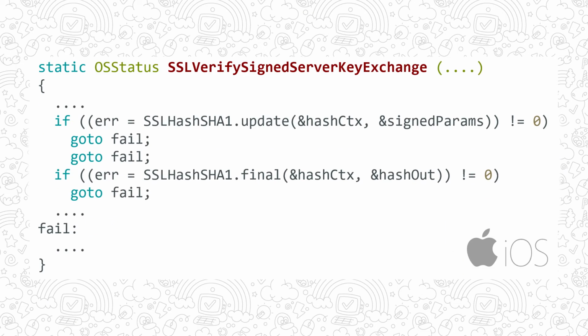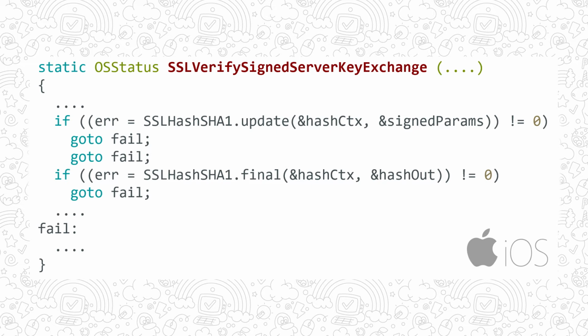Let's look at another example of a real vulnerability that was found in iOS in 2014. The vulnerability allows an attacker from a privileged position in the network to intercept and modify packets in SSL/TLS protected sessions. If you look at the code, you can immediately see what the problem is.